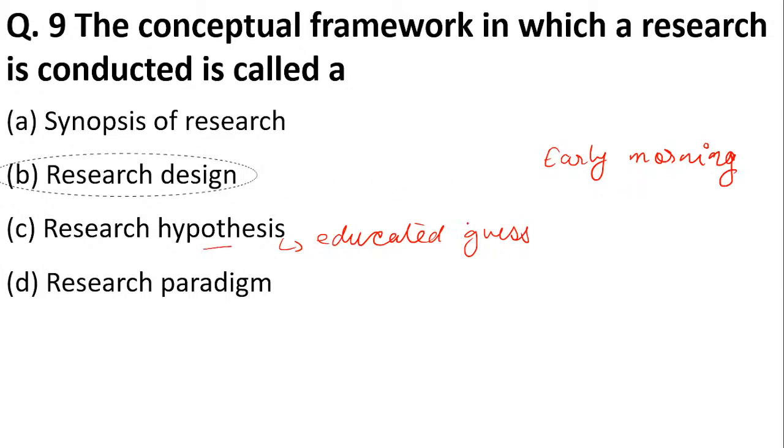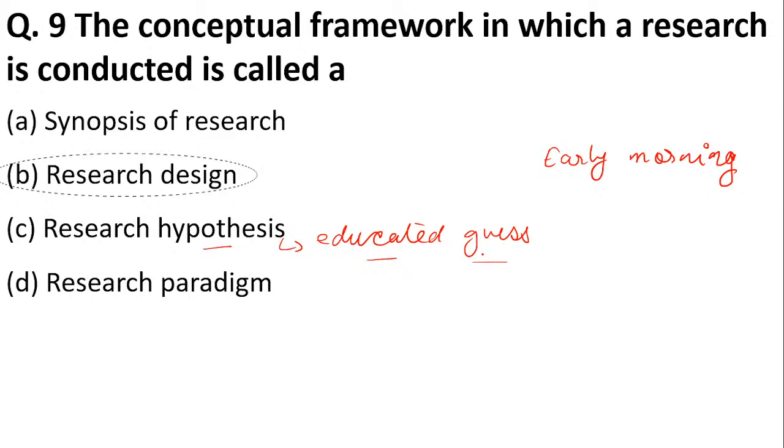What is hypothesis? Hypothesis is an educated guess. It means from your experience, you have come up with a statement that early morning watering the plants will give us better plants. So the hypothesis is an educated guess or an idea about a particular topic.